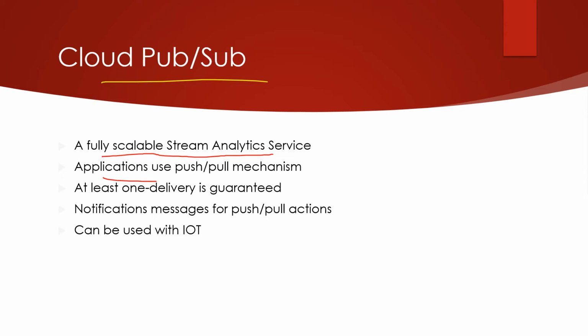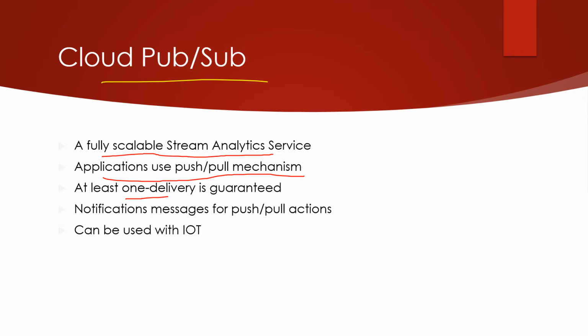Here, the application can use the push and pull mechanism. In other words, you can publish and subscribe to the events. So basically, messages can be pushed and similarly, messages can be pulled. What the Cloud PubSub model guarantees is at-least-once delivery of the message.